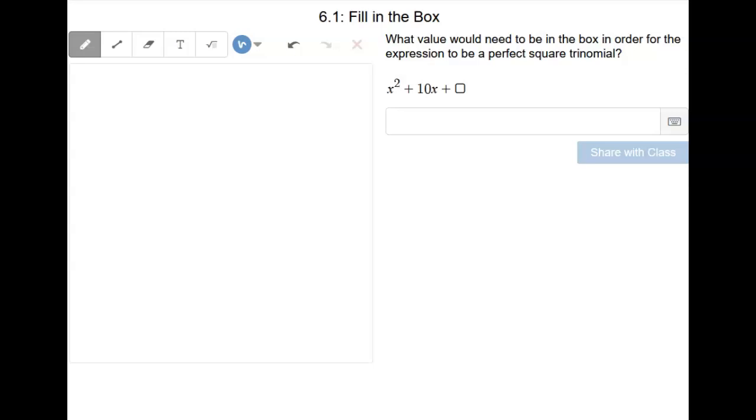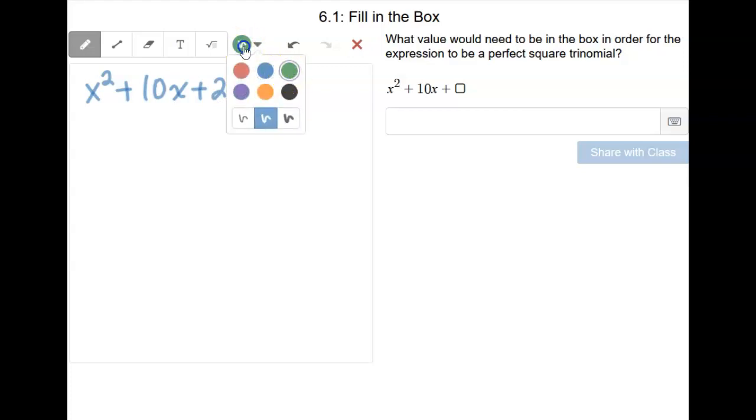All right, this is Unit 6, Lesson 6, Completing the Square. So I'm going to take you back to last week when we were talking about checking to see if something was a perfect square trinomial. We had something like x squared plus 10x plus 25.